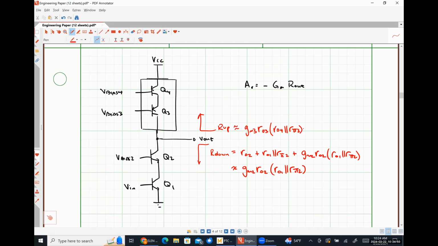So something comparable to the resistance that we see looking down, so that our voltage gain would only be half of what it would be in an ideal case, right? Where the ideal case is we literally have an ideal current source bias in this thing.